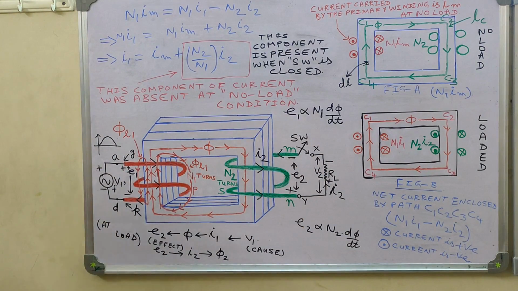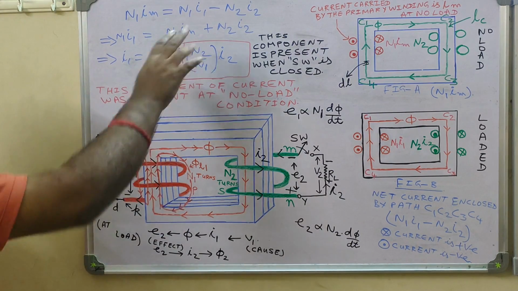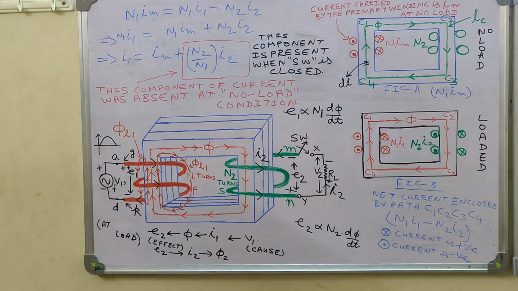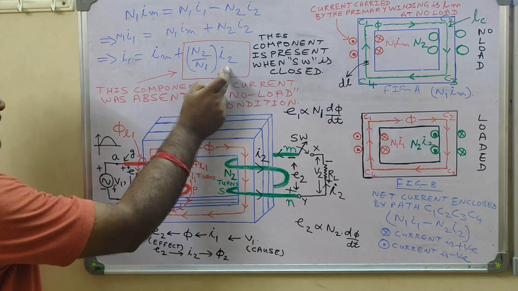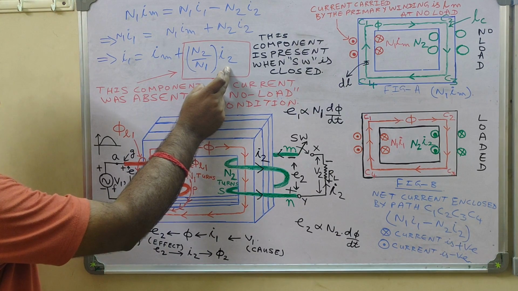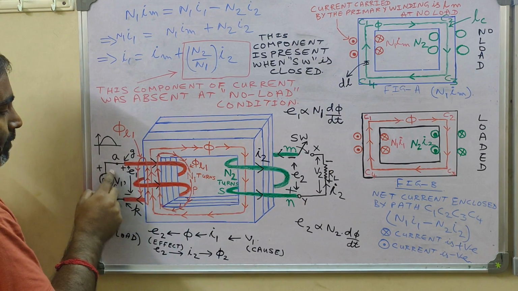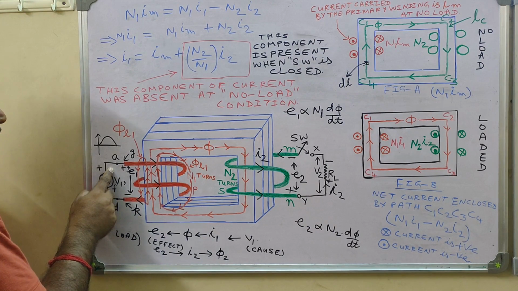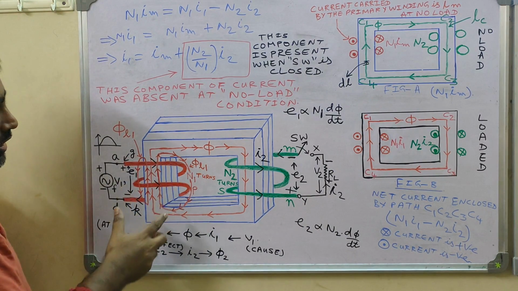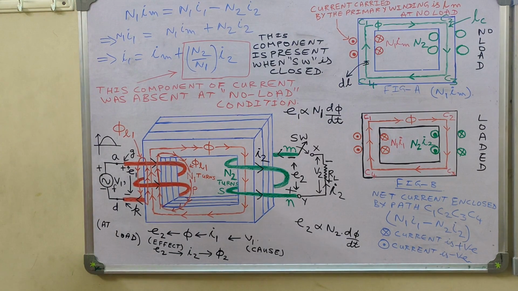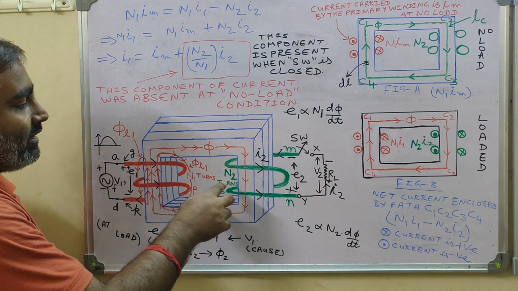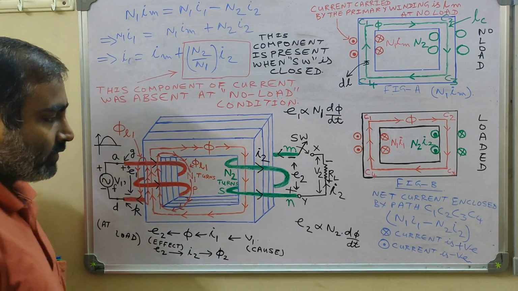Okay, now what is the physical way of explaining this? This was the mathematical way: you formed an equation and found this term. But what is the physical way of interpreting this? This component of current is drawn by the primary winding P from the applied voltage, because the primary winding P has to develop an MMF which will be capable of cancelling the demagnetizing nature of the secondary MMF.